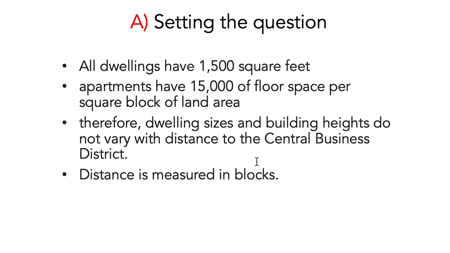Let's suppose these land restrictions were imposed by a zoning authority. In other words, these will make the dwelling size and building heights not vary with distance to the central business district. The distance will be measured in blocks.